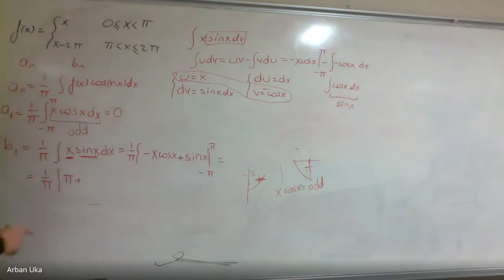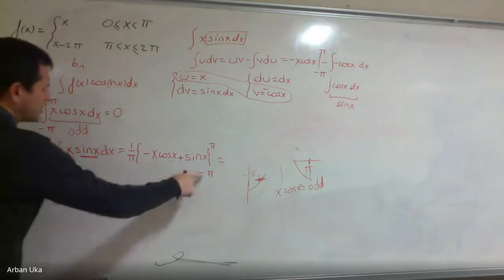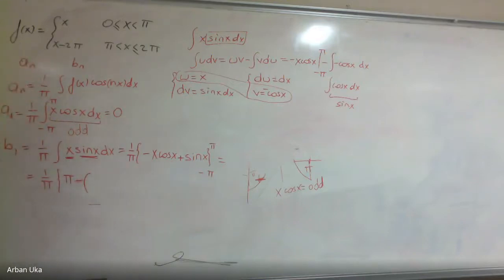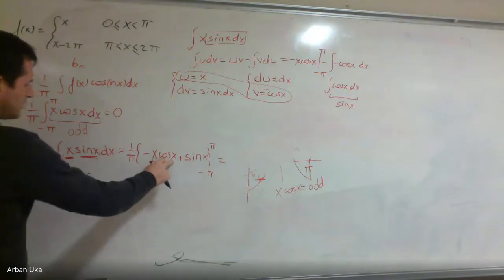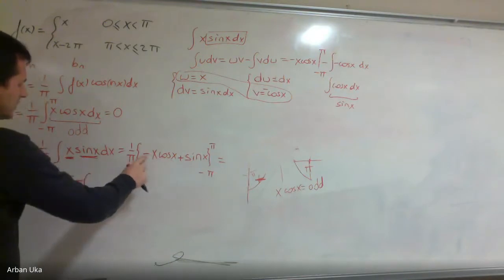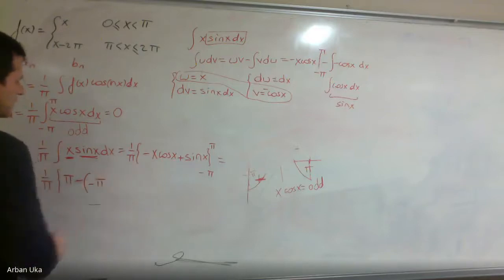And from here we have to subtract the value of this function at x equal to minus pi. So cosine of minus pi is minus 1. Minus 1 times minus 1 is 1. 1 times minus pi is minus pi.